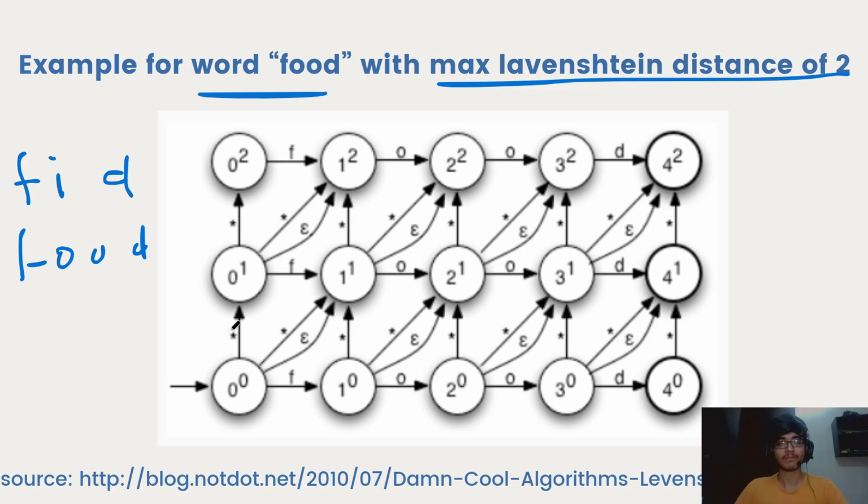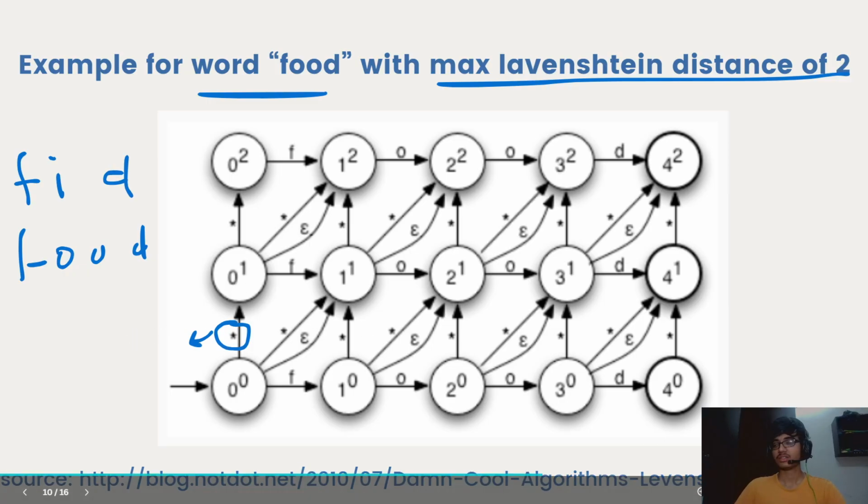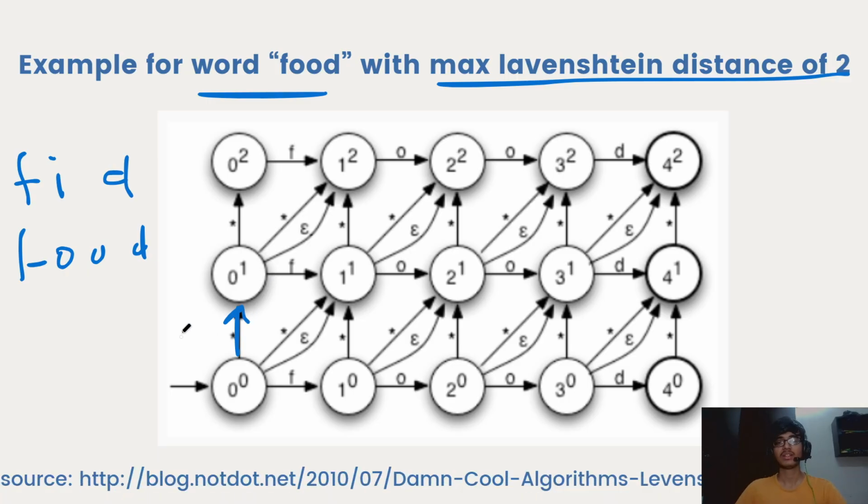So first things first, what is this upward transition from 00 to 01 and the star? The star represents any character. So any character transition from 00 to 01. So this upward transition represents insertion. Here it's inserting at the start of the word.